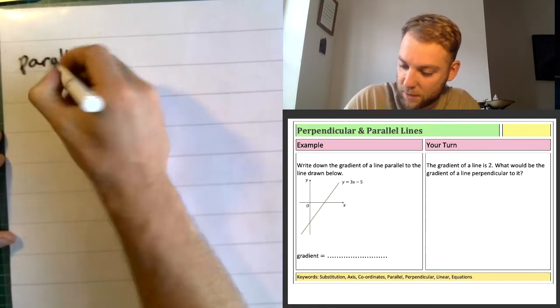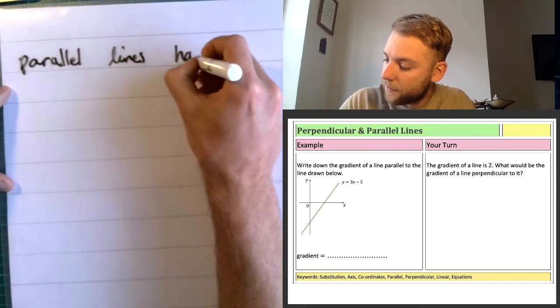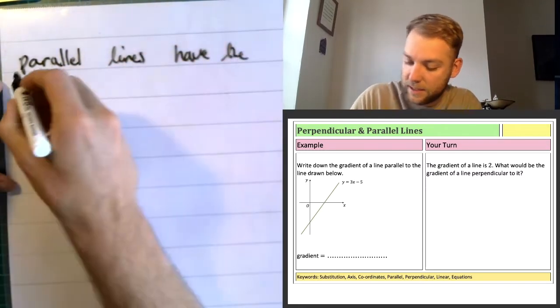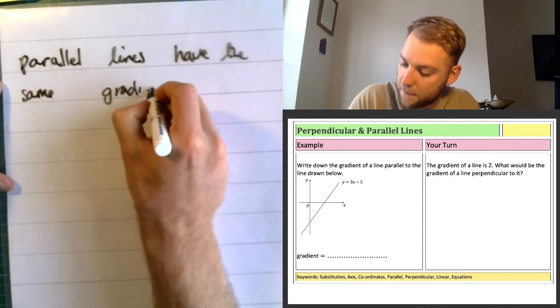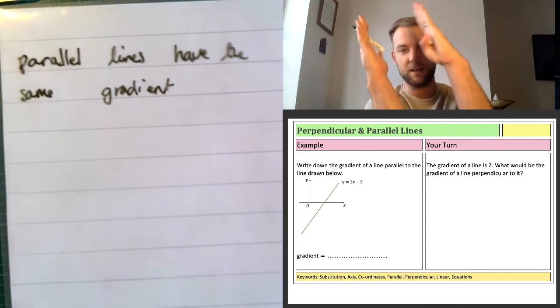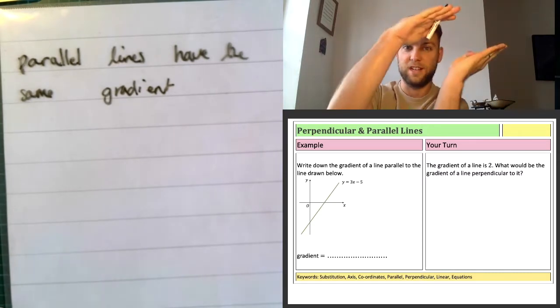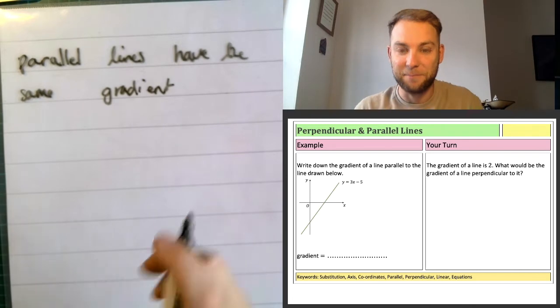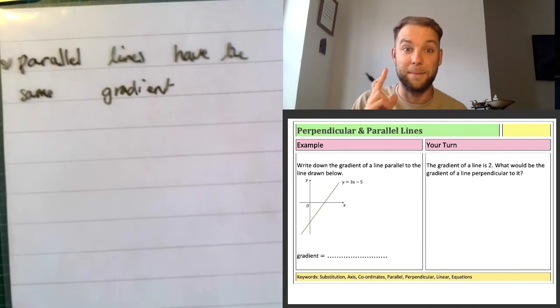Sorry, excuse my spelling, you know I'm dyslexic. Parallel lines have the same gradient. And this makes sense because if they're parallel, then the gradient's going to be the same as well. It doesn't matter where you change them, the gradient's always going to be the same. So parallel lines have the same gradient, the same m value.